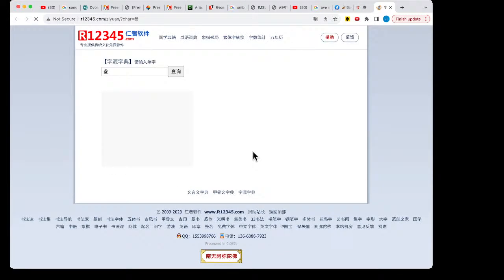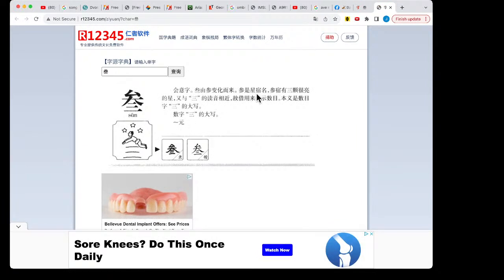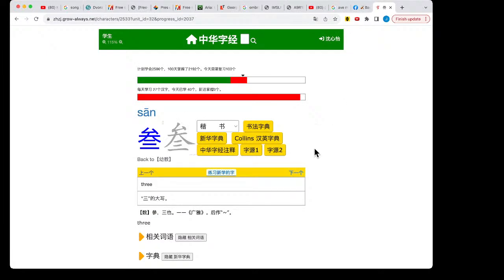Its origin came from the character for Can, which is a constellation, a star constellation, and that constellation has 3 bright stars, so they changed it to mean 3. But again, this character is only used when you're writing checks.